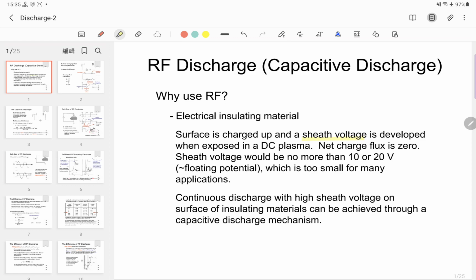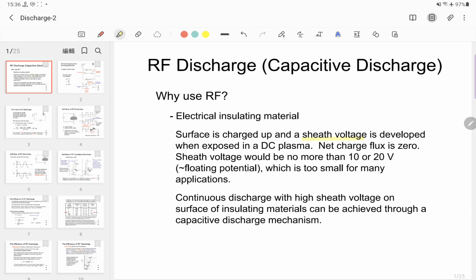And the second thing is about the continuous operation of plasma. In this case, if we have placed the insulating material on the surface of one electrode, the insulating material will also charge up at the beginning, by a capacitive mechanism.